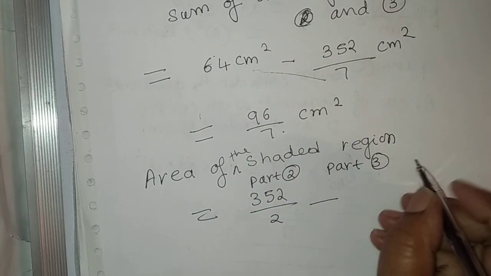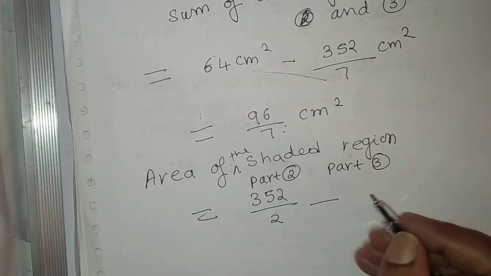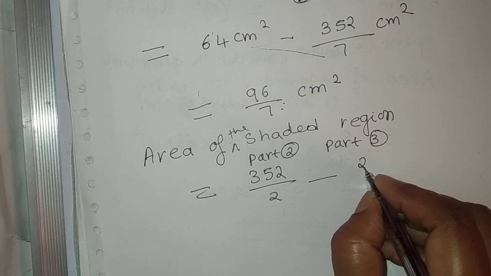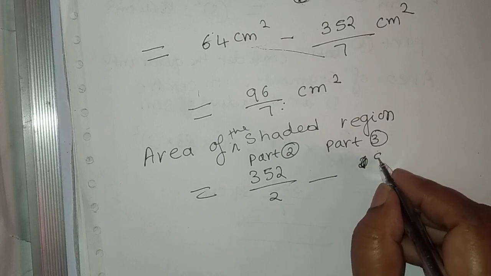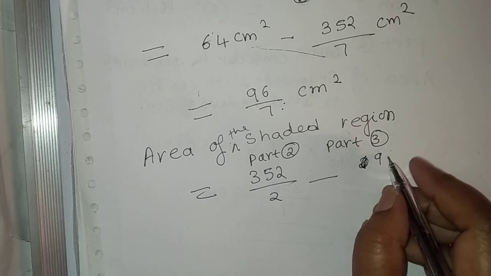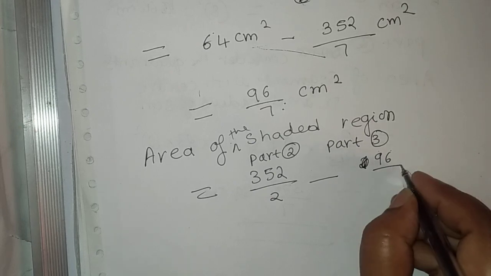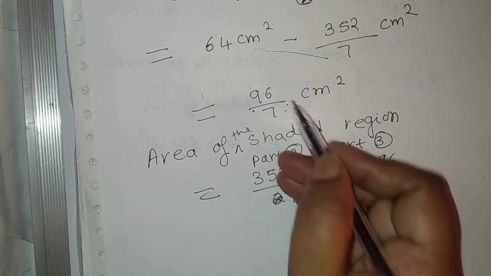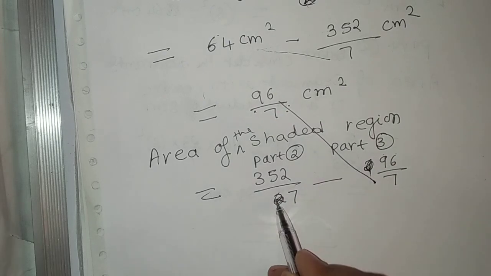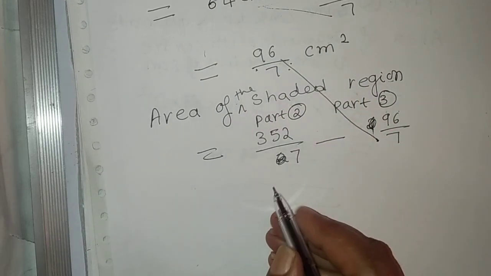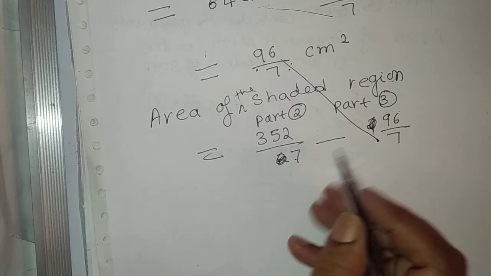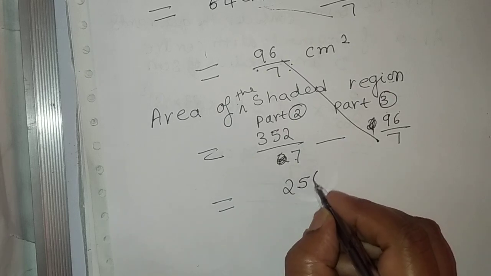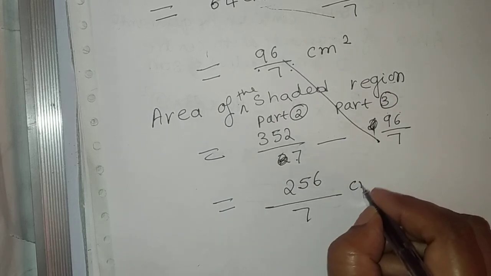Part 3 is 96 by 7. So the area of the shaded region is 352 by 7 minus 96 by 7. Finally we get 256 by 7 centimeters square.